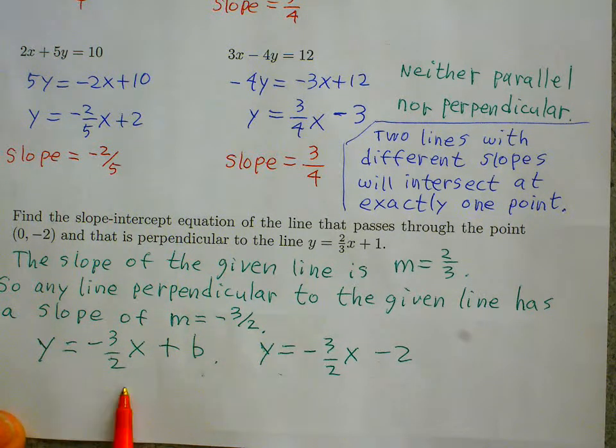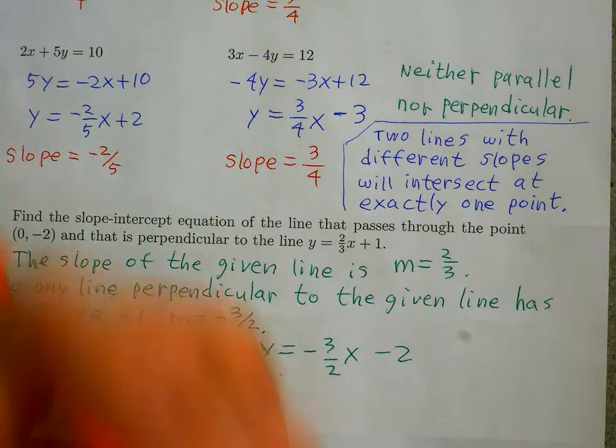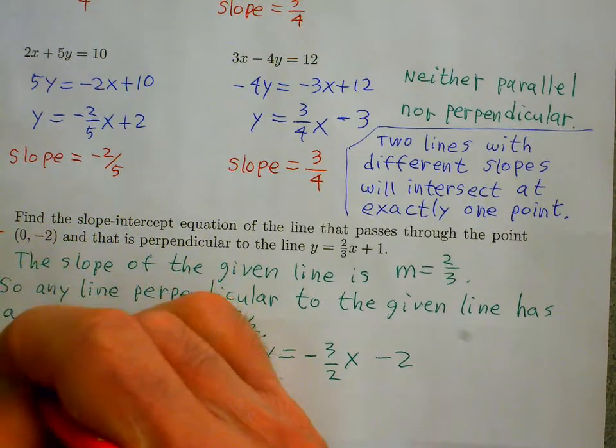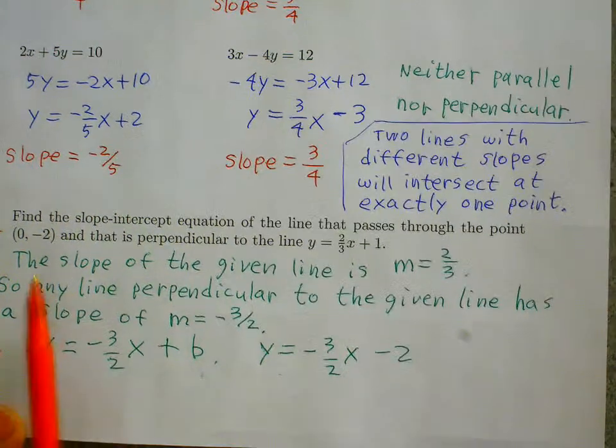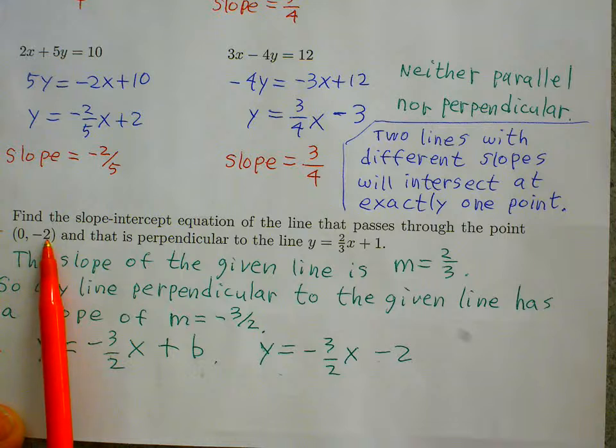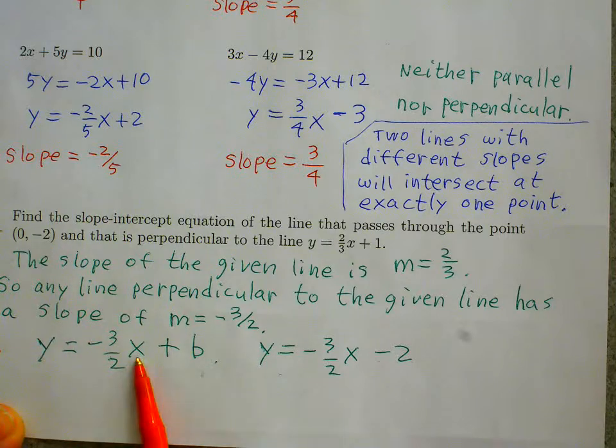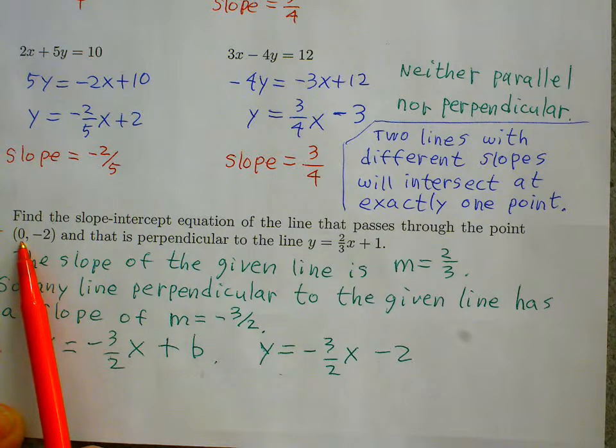We also know that the graph of this line passes through the point 0 for x and -2 for y. So in this equation, we can replace the variable y with the y-coordinate, and we can also replace the x variable with the x-coordinate.